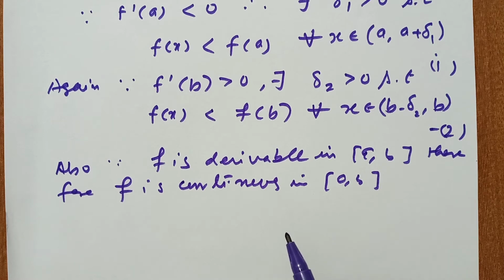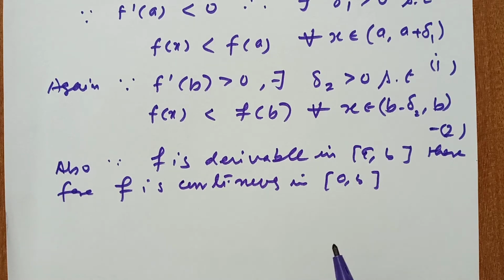What is the definition of a bounded function? It attains a lower bound and an upper bound. If a function has a lower bound, it has a greatest lower bound, and similarly for the upper bound it has a least upper bound.